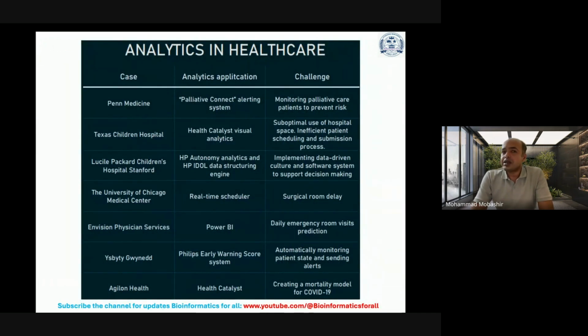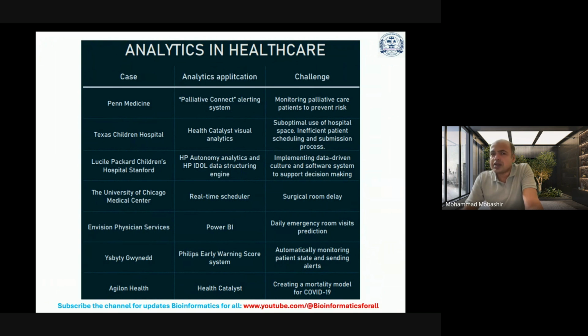Now it comes to the different companies who are working in this field as analytics in healthcare. For example, Penn Medicine, Texas Children's Hospital, Lucile Packard Children's Hospital, University of Chicago Medical Centers, Envision Physician Services, and its net, then Agilon Health, and there are many more. For example, analytics applications for this, what they are using and what challenges they face are, for example, monitoring palliative care patients to prevent risk, then suboptimal use of hospital space, inefficiency, and many more things.